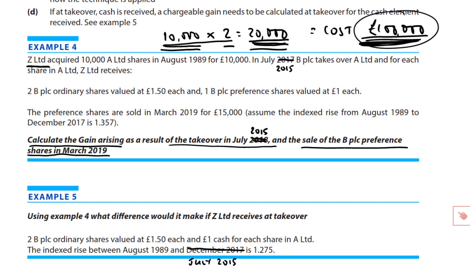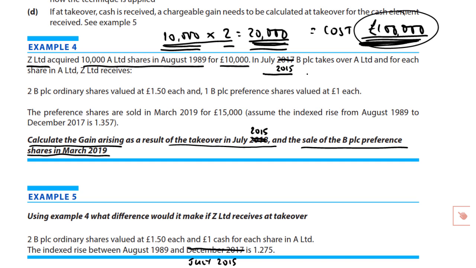Z Limited acquired 10,000 A Limited shares in August 89 for a cost of £10,000. So we're dealing with Z Limited, who had originally bought 10,000 A Limited shares back in August 89 for £10,000. But then what happens?